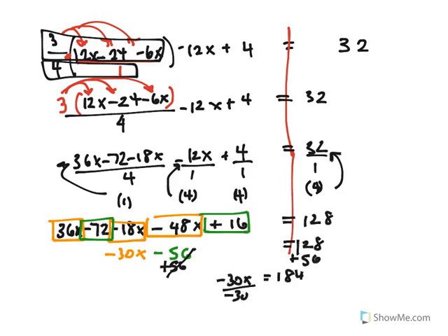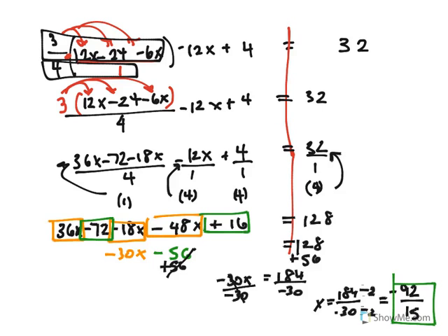Now I divide both sides by negative 30, and I get x equals 184 divided by negative 30. I reduce, so I divide the denominator and the numerator by the same number, which is 2, and I get negative 92 over 15. So my answer is negative 92 over 15.